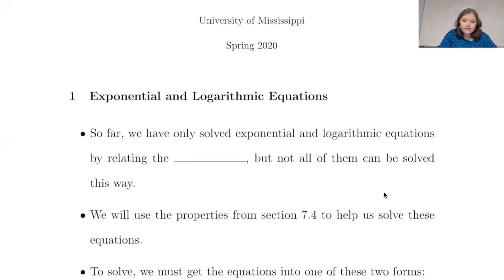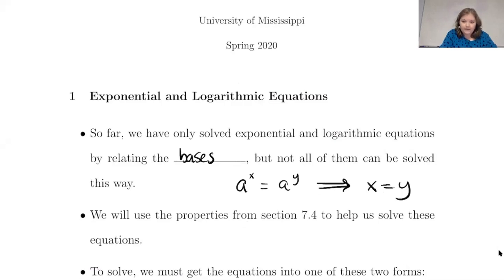Okay. So with the other ones we solved, we were relating the bases of the equations. So it would be like the exponential property of equality, where it would be like a to the x equals a to the y, and that means that we can just set x equal to y.